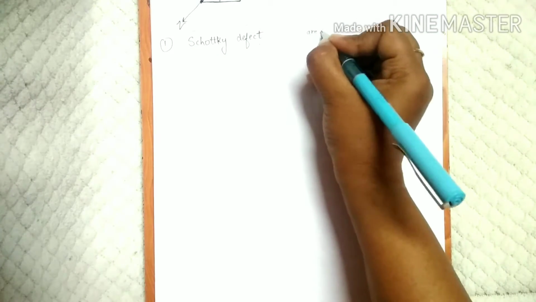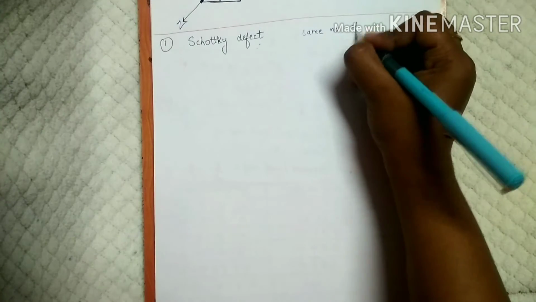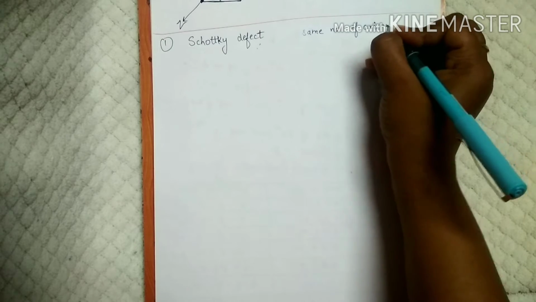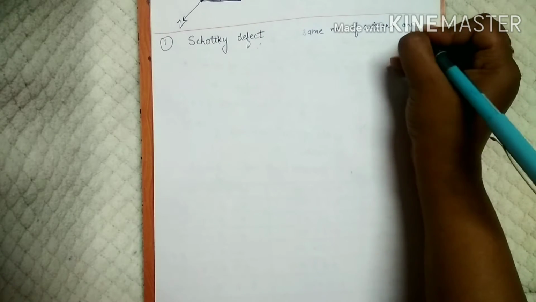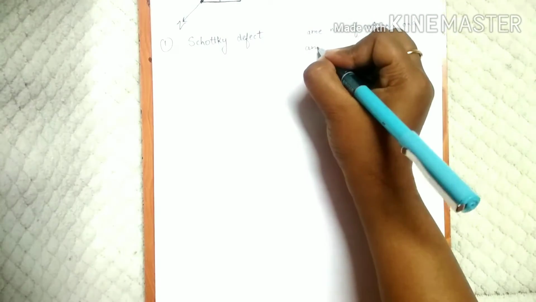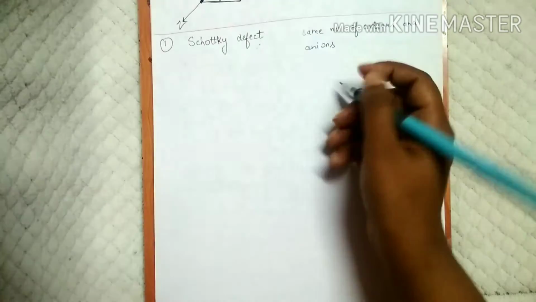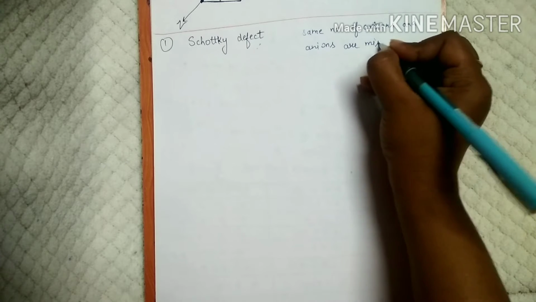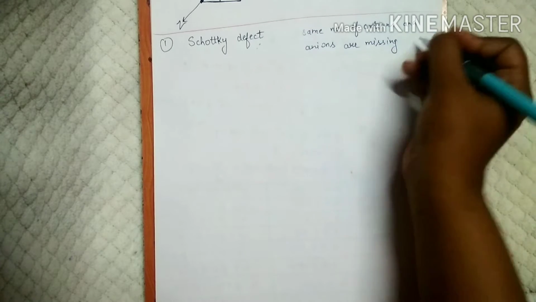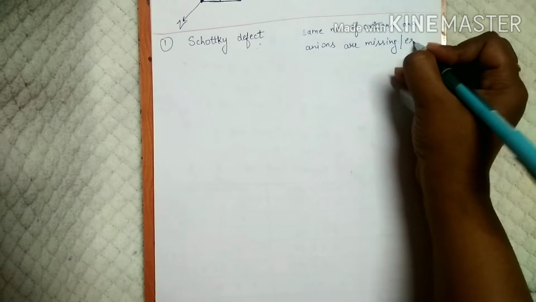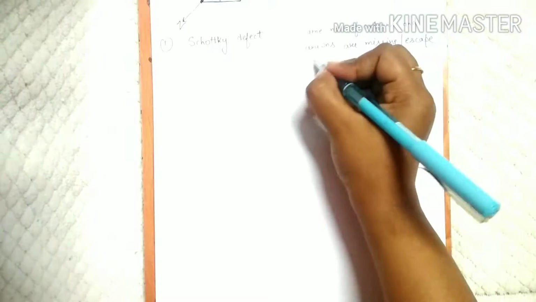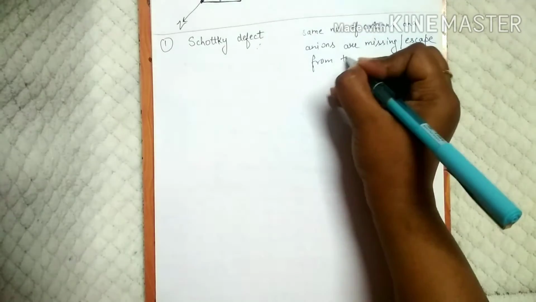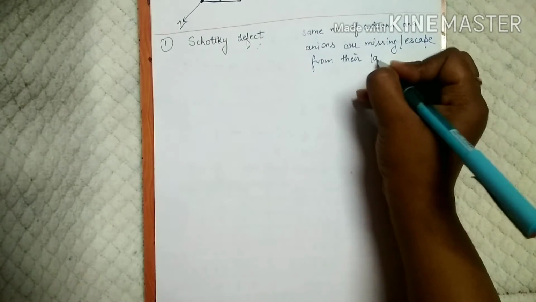The same number of cations and anions are missing, or you can say they escape from their lattice.